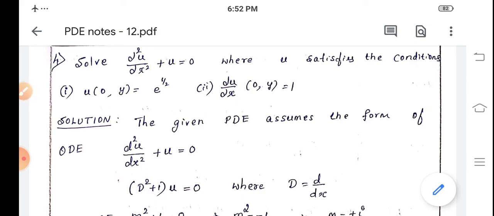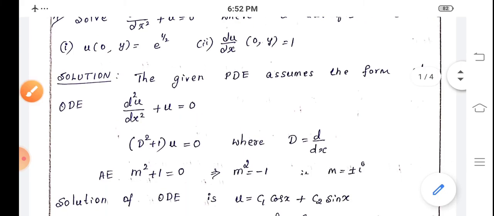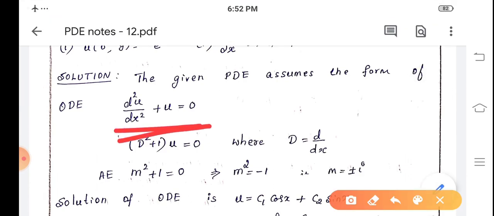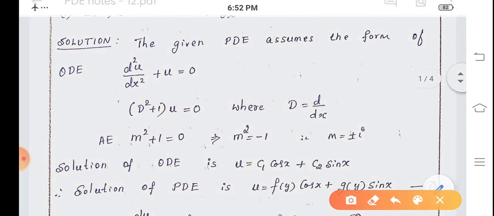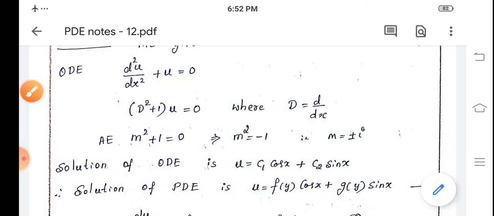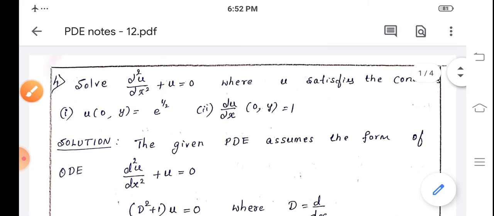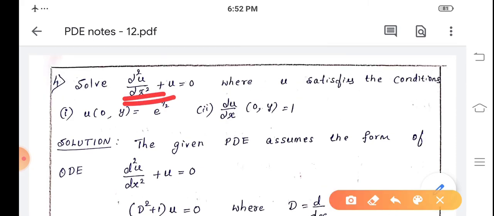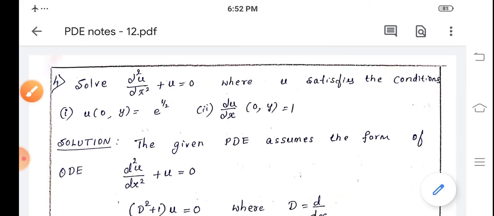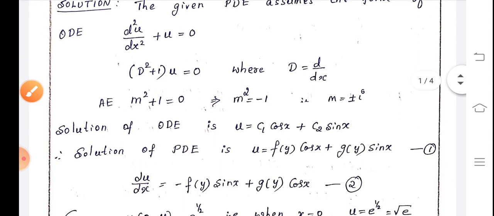We write this partial differential equation in the form of an ordinary differential equation, that is d²u/dx² + u = 0, or we write it as (D² + 1)u = 0, where D is d/dx, because in the given partial differential equation we have the partial derivative of u with respect to x only.